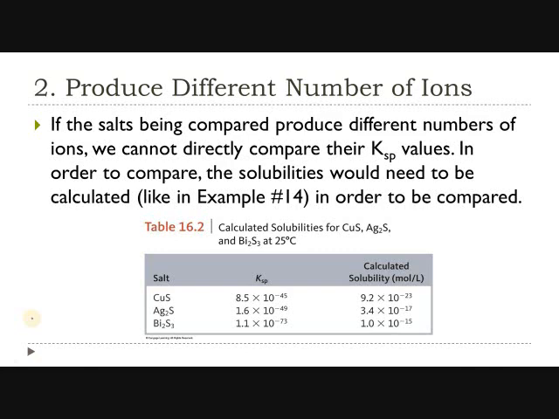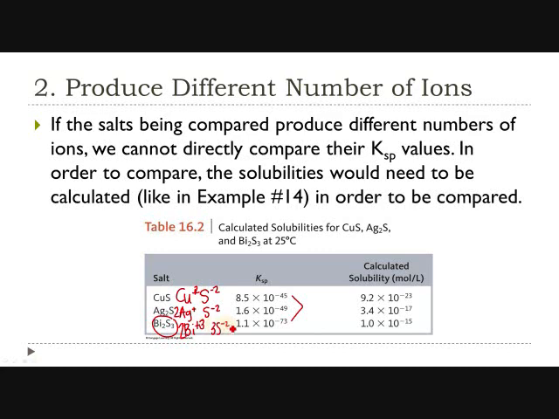the KSP values are given, but like the CuS has just 2 ions, but then the Ag2S, the silver sulfide, has 2 silvers and then 1 sulfide, and then the bismuth sulfide has a total of 5, because you'll have 2 Bi's and then 3 S's.